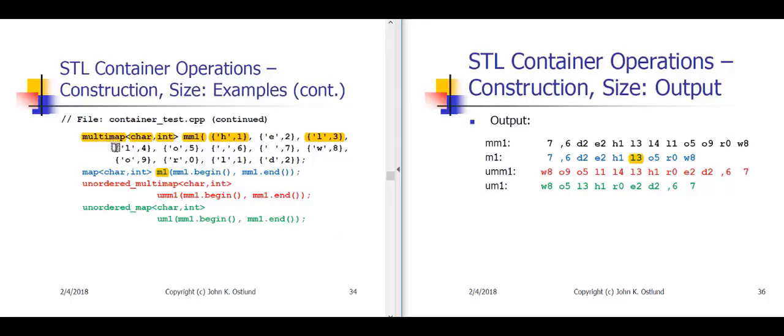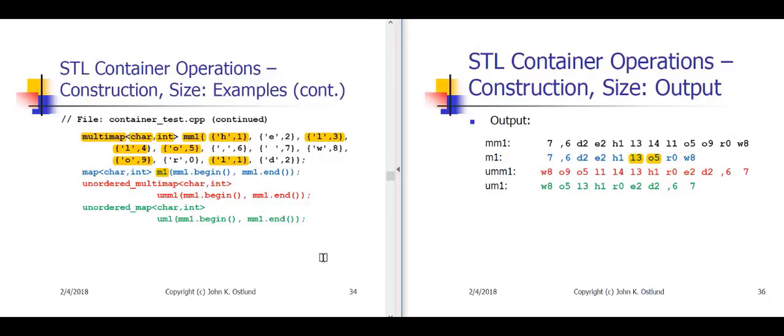So the pair L4 is rejected, the pair L1 is rejected. And so all we have in M1 is the first occurrence of the key L with its value 3. Likewise for O, we have the first occurrence of the key O with its value 5, and we see that in the output, but the second occurrence of O with value 9 is rejected.